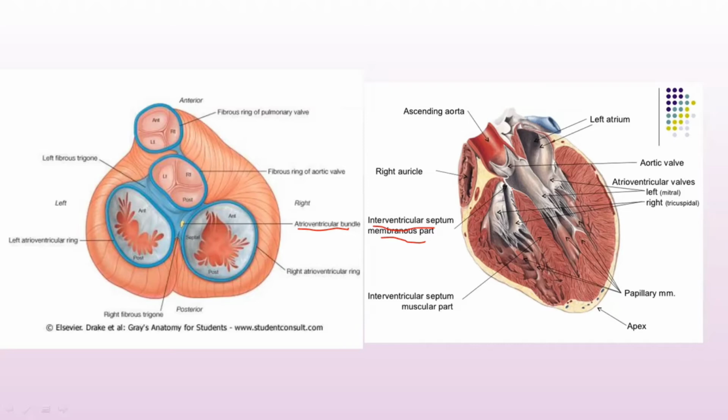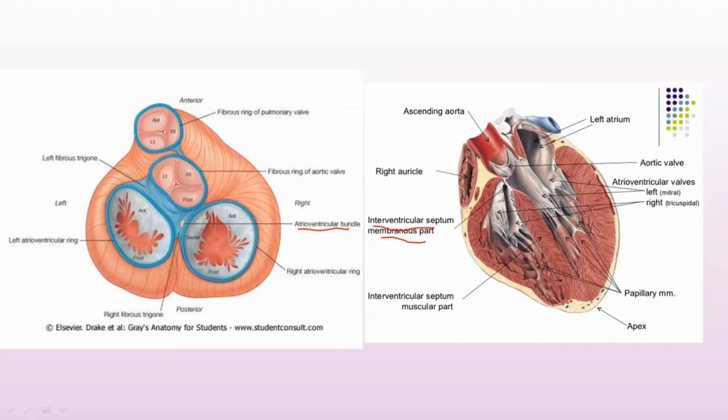At the junction of the membranous and muscular parts, it divides into right and left bundle branches. These branches proceed on each side of the muscular interventricular septum and deep to the endocardium. Now the right and left bundle branches run along which part of the interventricular septum?